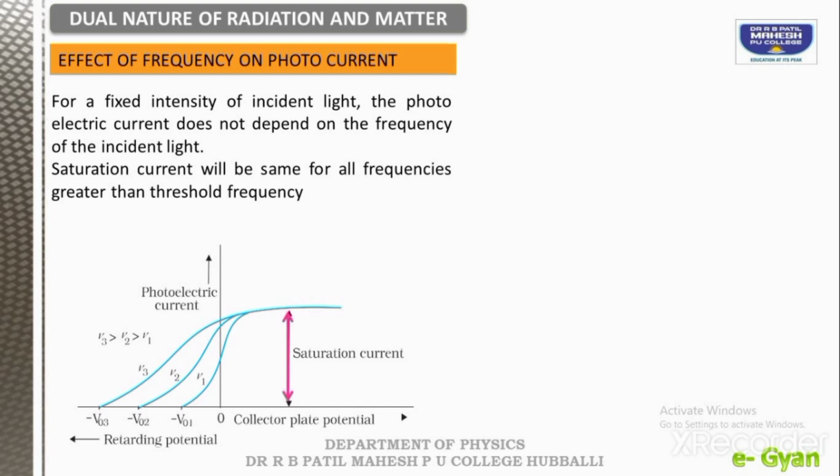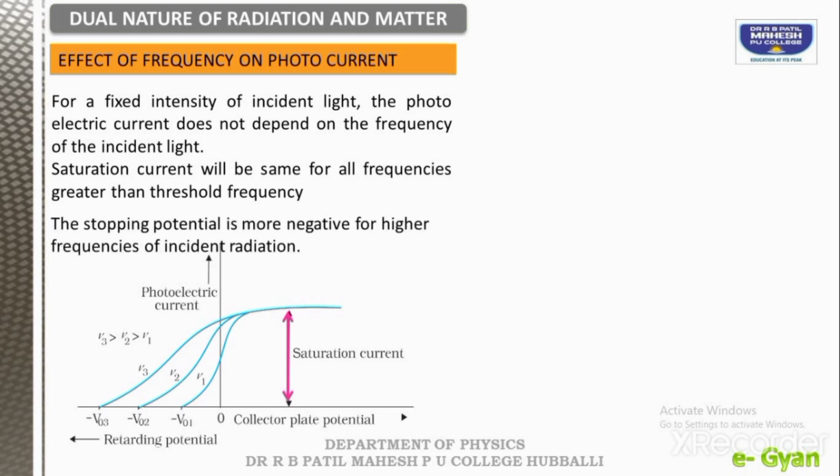The saturation current is here, and it is constant, but on the left side of the graph there are nu1, nu2, nu3, which represent the frequency in increasing order. As the frequency increases, the stopping potential also increases. For frequency 1, the stopping potential is minus V01.